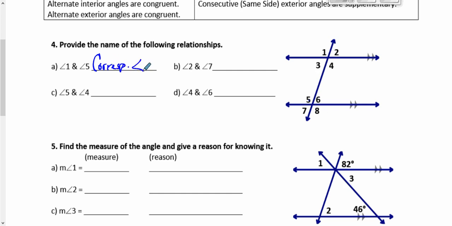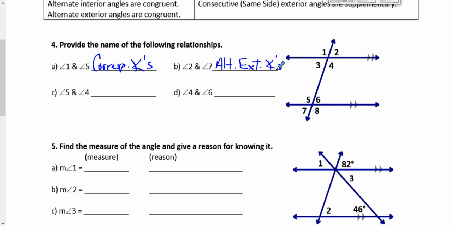Corresponding angles. How about 2 and 7? Opposite side, so alternate on the exterior. Good. So we can abbreviate alt exterior angles.